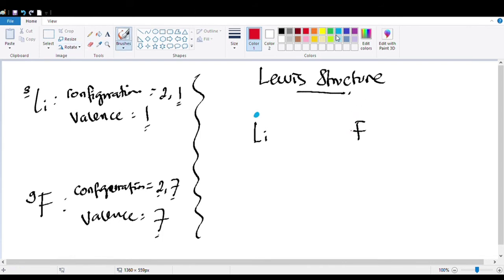So you draw like this: 1, 2, 3, 4, 5, 6, 7. Why do you have to draw like this? Because if you draw like this, we will know that there is a single electron here. So this is a single electron of fluorine, and this is a single electron of lithium.